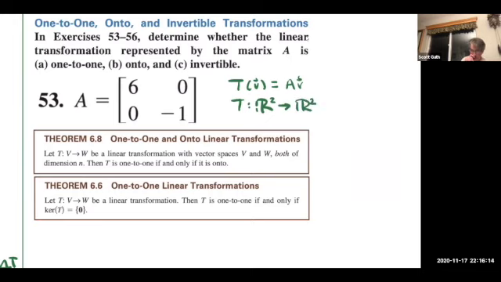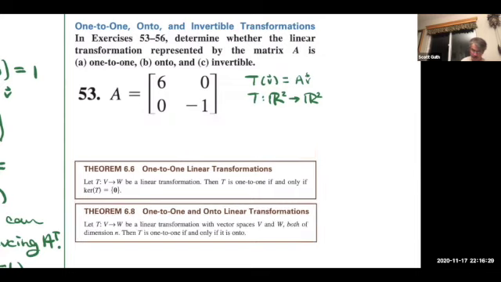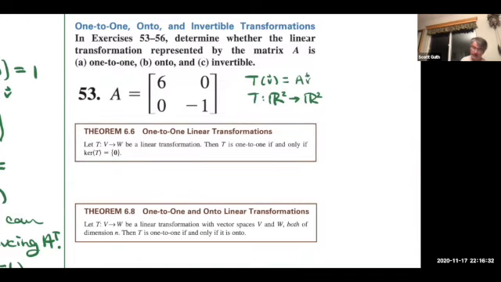There are a couple of interesting theorems, and I think we almost should take the second one first. So let me put this one up first. What it says is that if a linear transformation has a kernel that's 0, then it's 1-to-1. If it's 1-to-1, that's true if and only if the kernel is 0. So let's just first determine that.